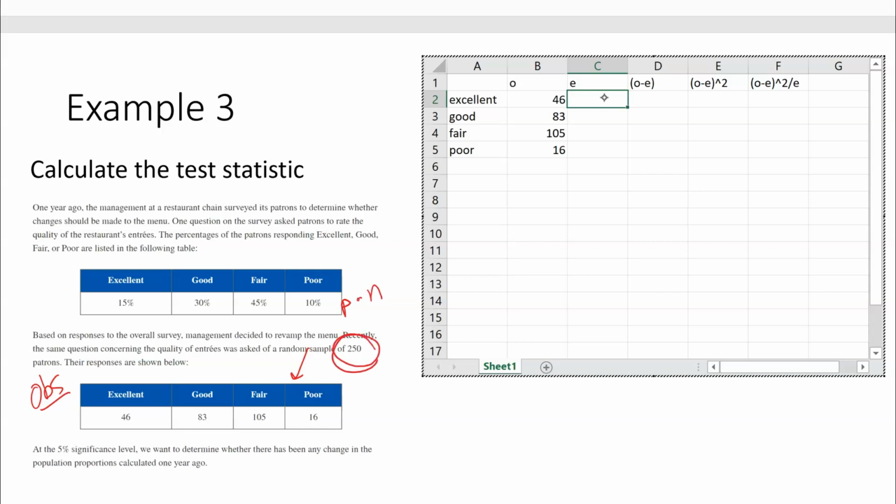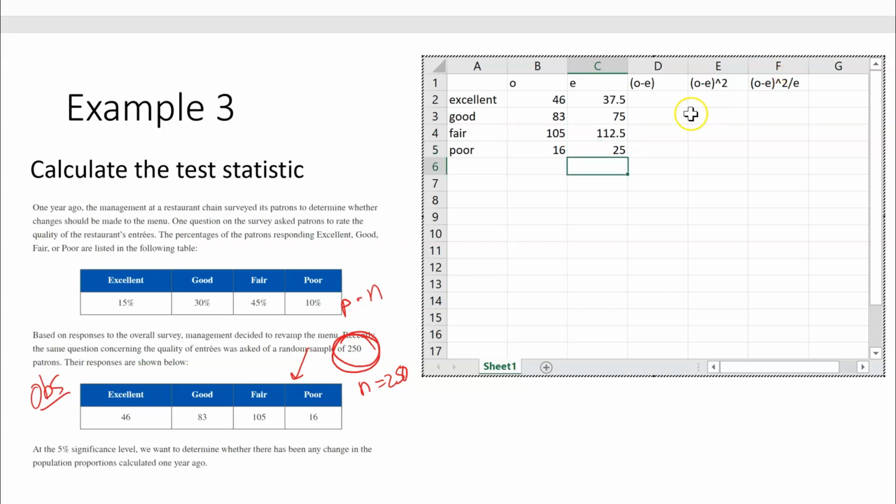Here we can see that our n is 250. So for excellent, it's going to be 250 times 0.15. Here it's going to be 250 times 0.30. And here, 250 times 0.4, 250 times 0.45, and 250 times 0.10.